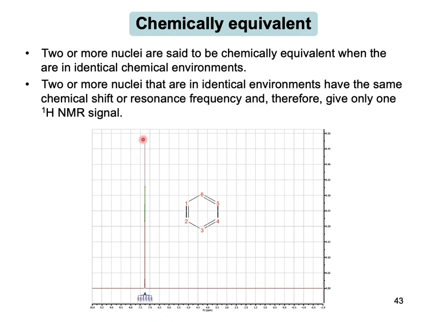Only one peak. It means same chemical environment. So two or more nuclei that are in identical environment have the same chemical shift or resonance frequency, therefore give only one proton NMR signal. If they have the same chemical environment, it will give a single peak, or they have identical chemical shift.